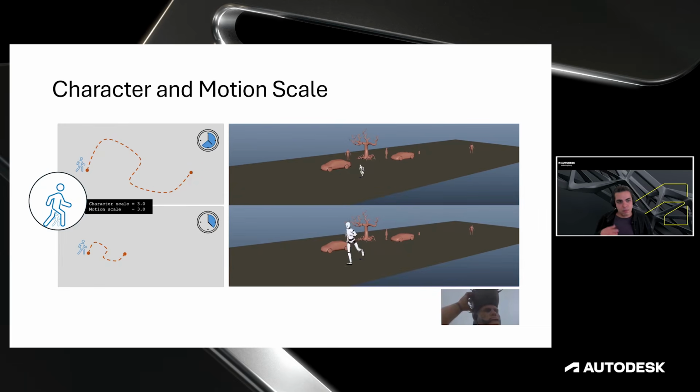And since the motion scale is based on acceleration, we're actually using the square root of that. But on the user-facing settings, they are on the same scale as the character scale. So you can have a character that's 3 times larger, and the motion scale will also be 3 times. So that's easy to set and synchronize. To give you an idea of what it could be used for in real life, it'd be like the giants in Gilliam's movies.